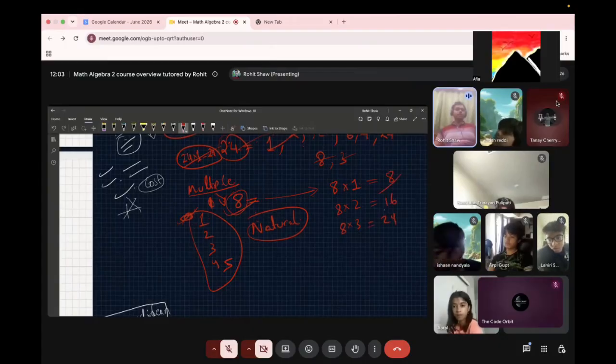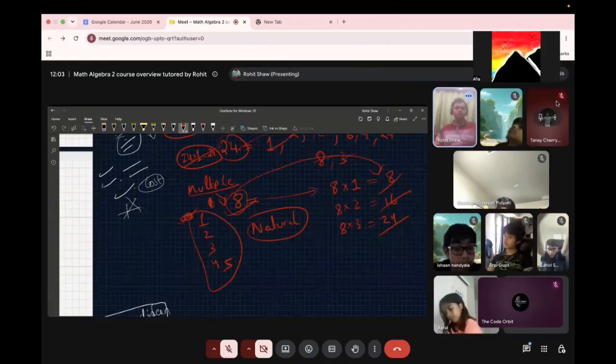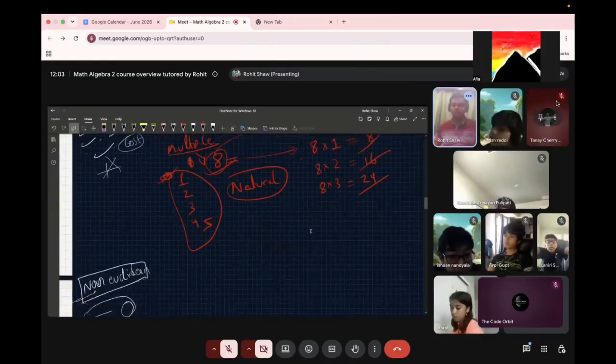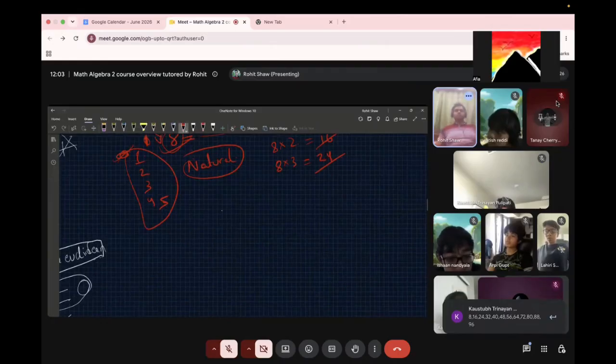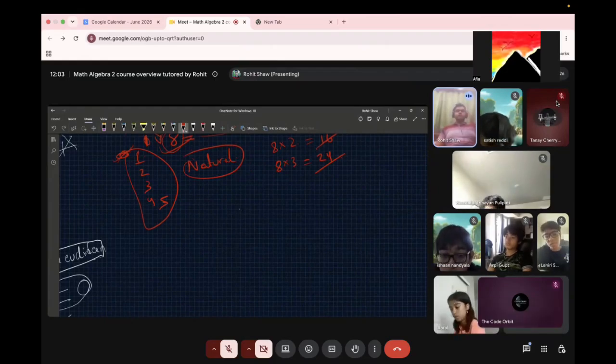So I can write these numbers. So these are the multiples: 8, 16, 24, 32, 80, 88, 96. It stretches to infinity. Not only till 88, you can write any multiples.